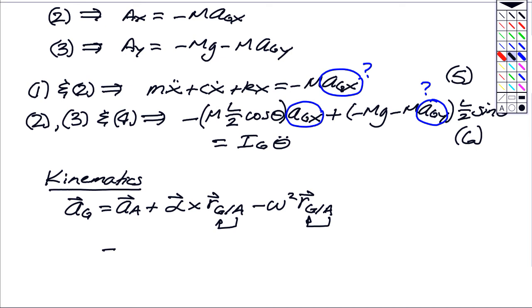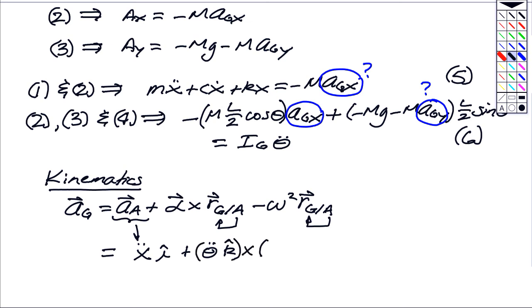The acceleration of A we don't know. Acceleration of A is going to be in the x direction, and we're calling that x double dot. That's this term here. Alpha is theta double dot k, where k is the unit vector in z.